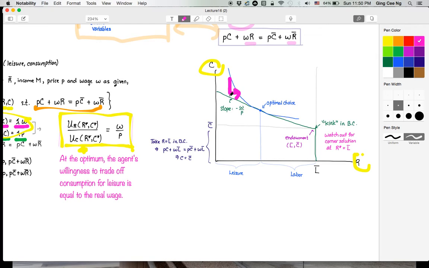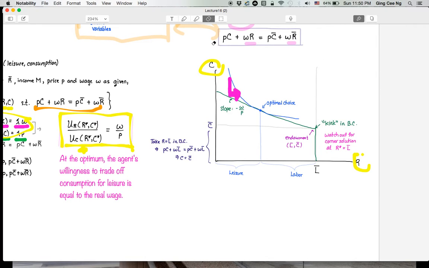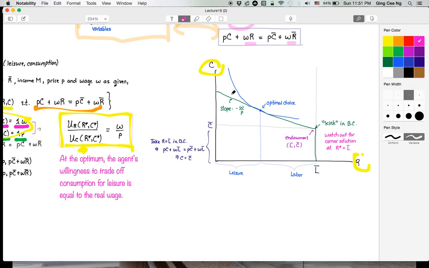If I wanted to increase leisure by a little bit, so focus on the slope, okay? Because this is leisure, how much consumption do I need to give up in order to get a little bit more leisure and remain indifferent?